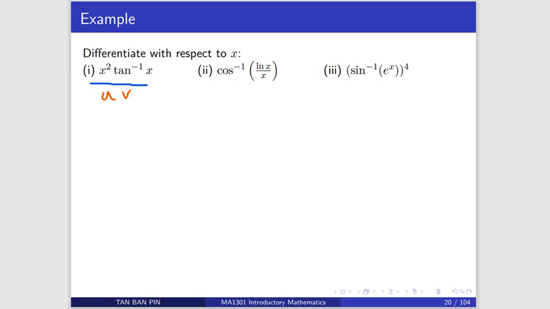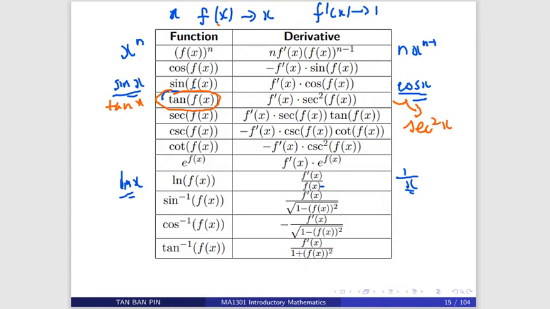Cosine inverse of ln x over x. First let's get a formula for differentiating cosine inverse. We must know how to differentiate d/dx of cosine inverse x. We can get it from here.